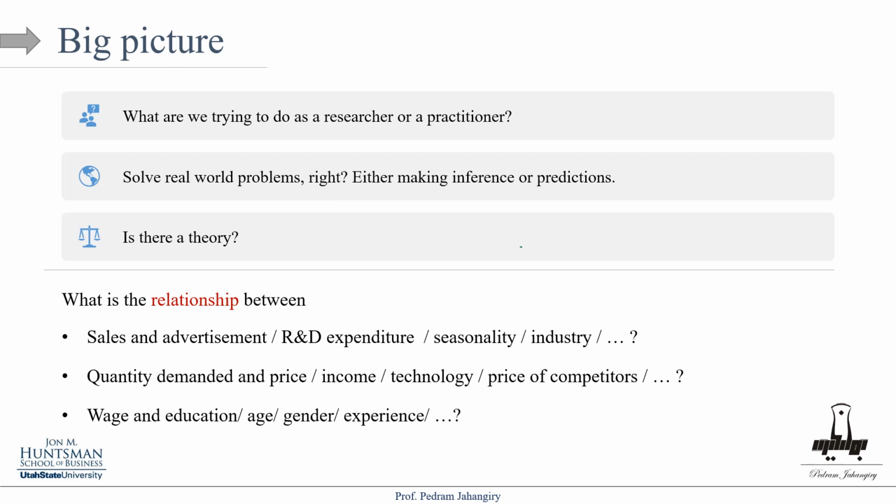So it all narrows down to the type of data set that you're working with, and more importantly, what's your end goal? What do you want to do with that question? Now let's look at a couple more examples in more detail to see what I mean by type of data sets and what's your goal as a practitioner or a researcher.